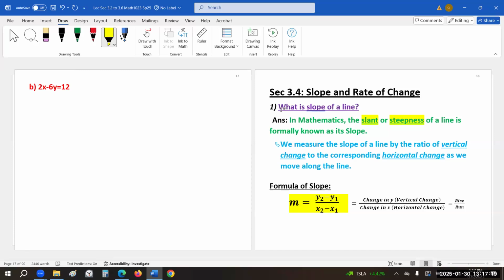X-intercept. X-intercept. Y-intercept. Perfect. Can you tell me what's wrong with this?